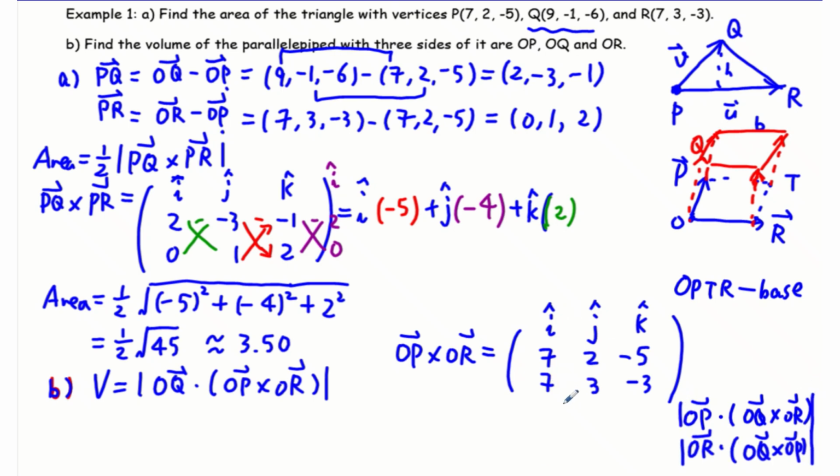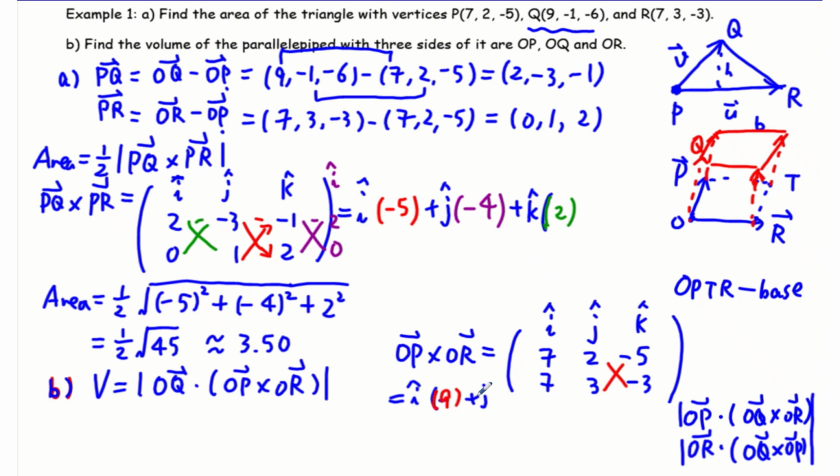Then we do the cross multiplying. For the i direction, it's this times this minus this times this. So we have i direction: 2 times -3 minus 3 times -5 is -6 plus 15, which is +9. So this will be +9 for the i direction.